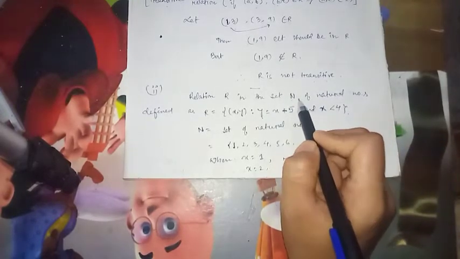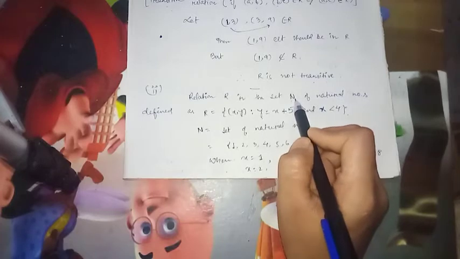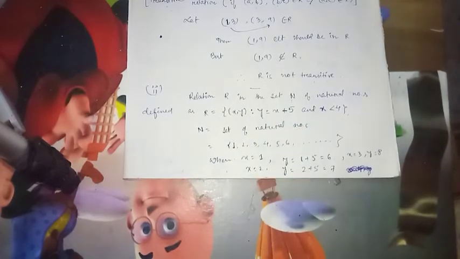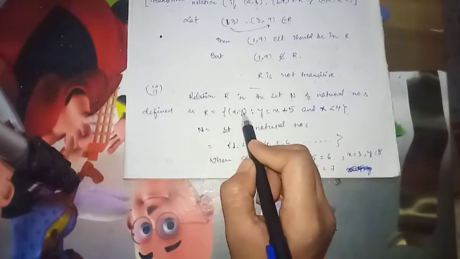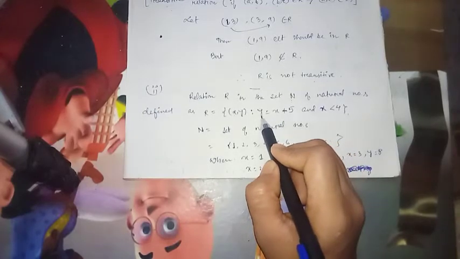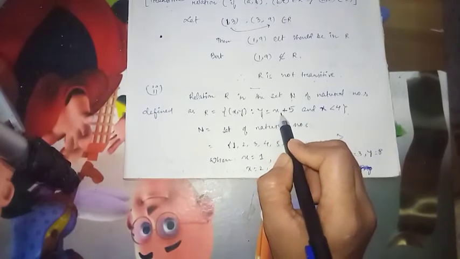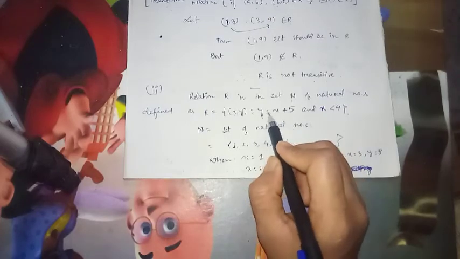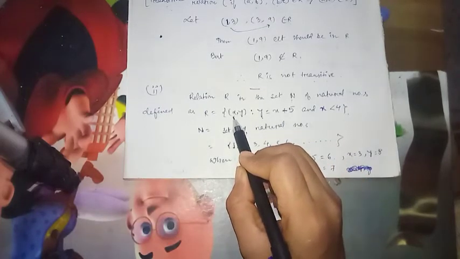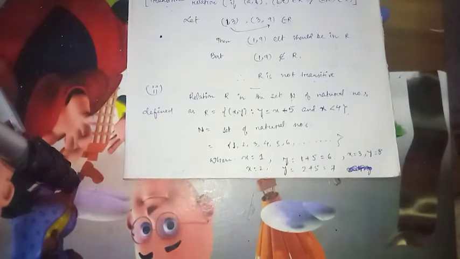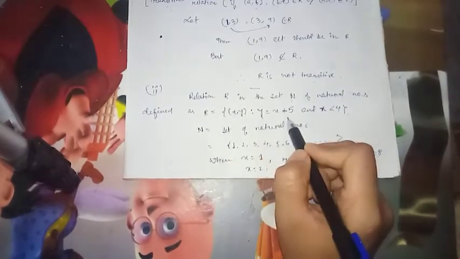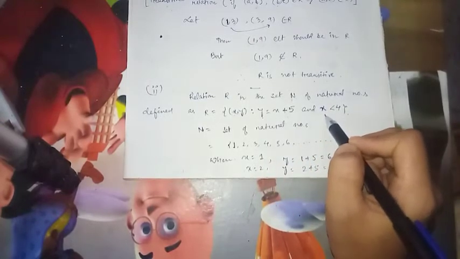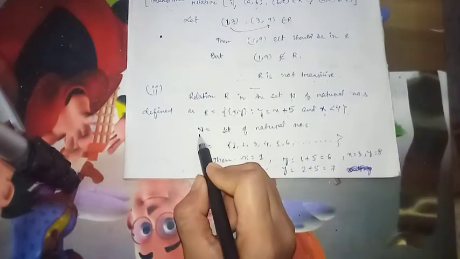N means the set of natural numbers, and on N a relation R is defined. The relation is given as ordered pairs x, y, where the relation between the two is that the second element is the first element added by 5, that is, the second element is equal to the first element plus 5, and also there is a condition that x should be less than 4. So the question says the elements of R will be of this type, but a condition is given that the value of x must be less than 4.